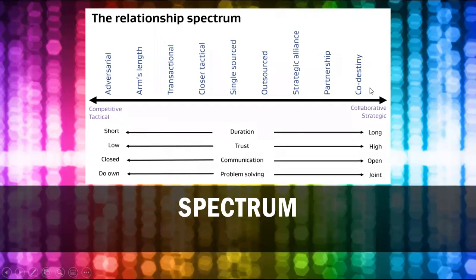There may be some questions on the relationship types, and besides that, there are also questions on the change of the spectrum to the left or to the right. You see here we have the left side and the right side.